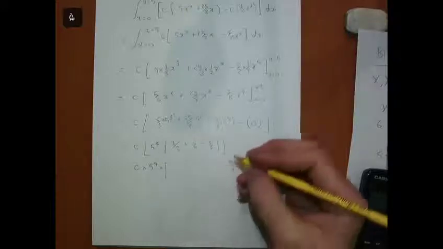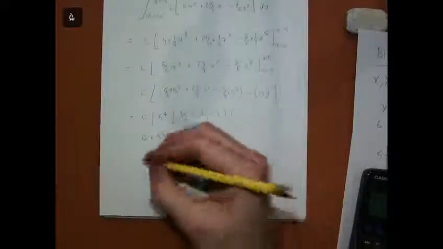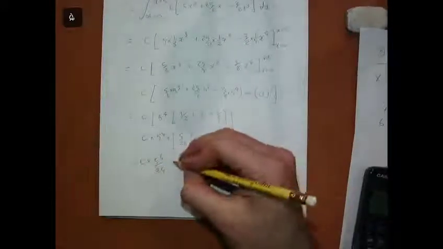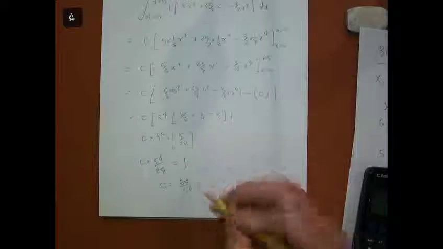1/3 plus 1/4 minus 3/8 is 5 on 24. So we get c times 5 to the 6 on 24. Brilliant. And this is supposed to be equal to 1 if it's a valid probability distribution, and so therefore c is actually 24 on 5 to the 6.